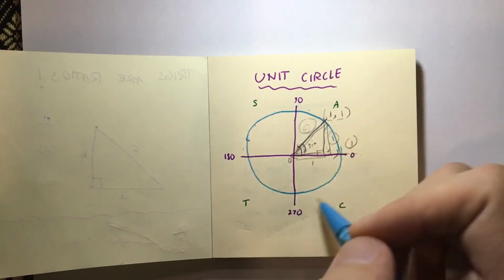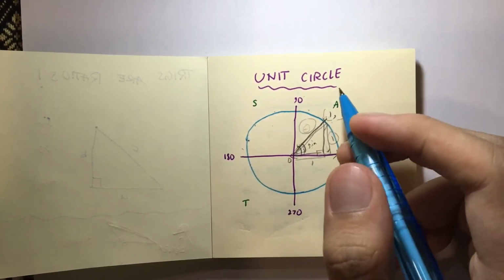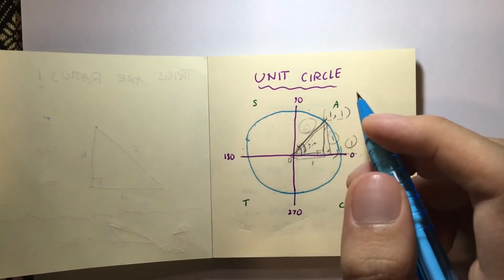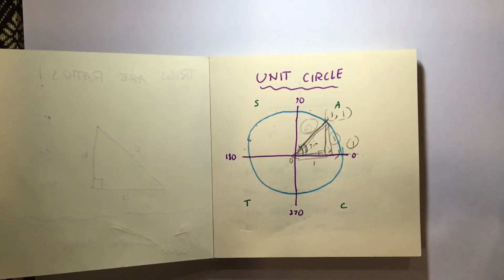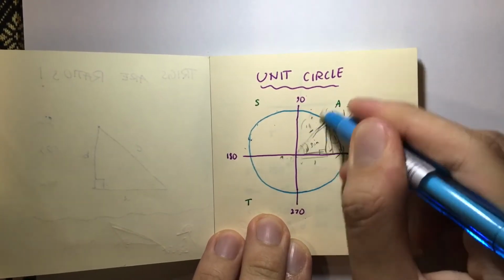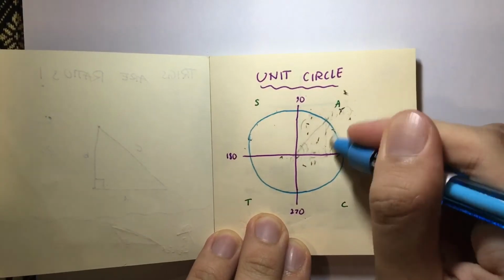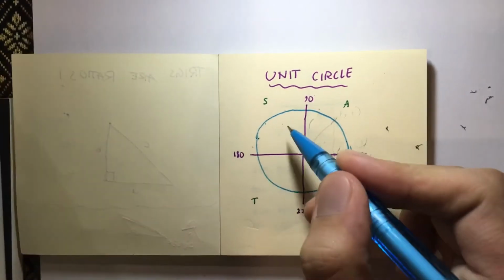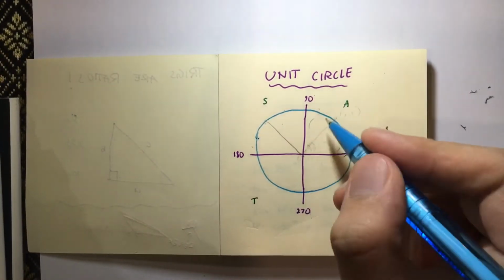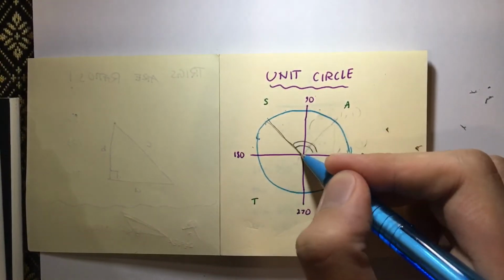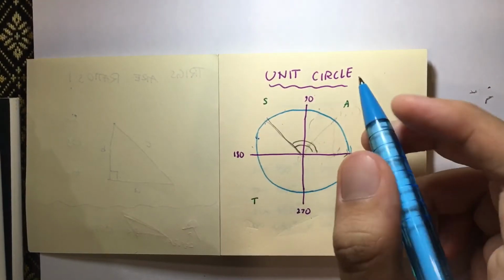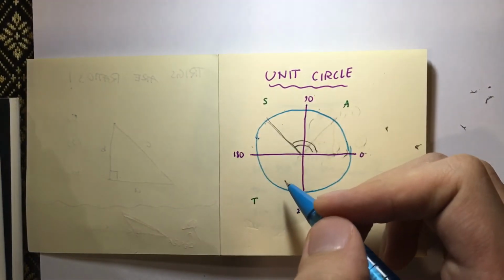But another cool thing about this unit circle is you can use it to find obtuse and reflex angles. So let's say I have an angle that is more than 90 degrees. I have an angle this much. The cool thing about unit circles is that you can find corresponding angles.